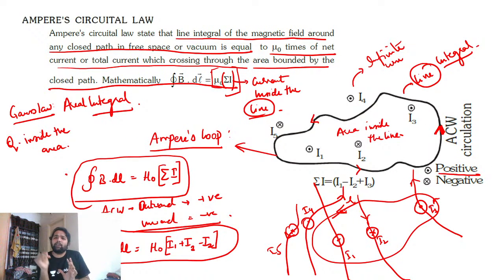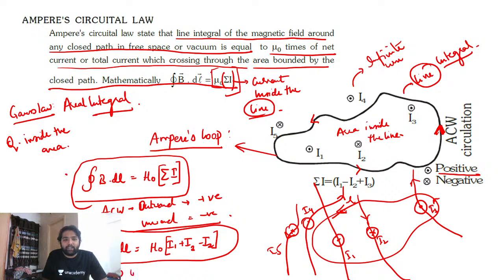So this is it. Any loop should follow symmetry. Just like a Gaussian surface has symmetry, remember, same way here, Ampere's circuital loop will also have symmetry. It will work based on the concept of symmetry, and in symmetry we have to also understand what is positive and what is negative. Just like in Gaussian we had very good clarity, because positive charges were positive and negative charges were negative. Here in Ampere's circuital law, if you take the direction to be anti-clockwise, then this will be positive and this will be negative, and the field we will take across the entire loop will be outwards.